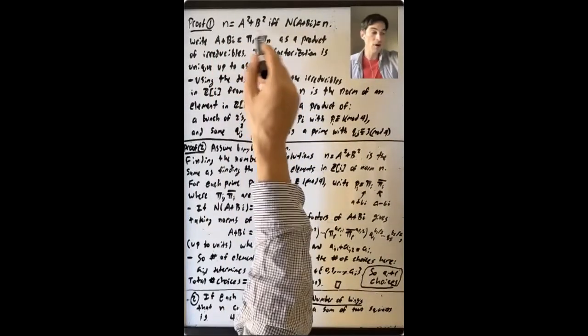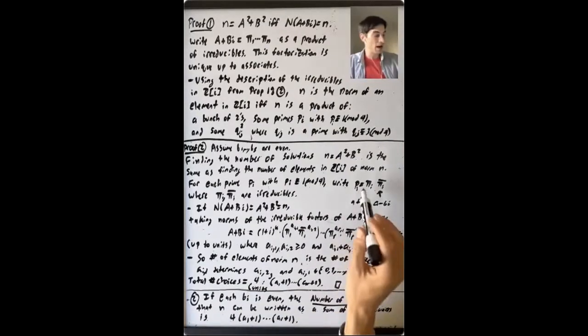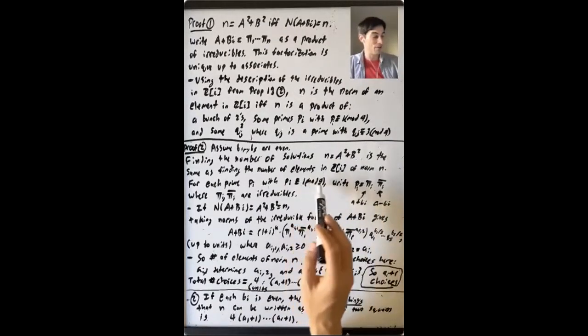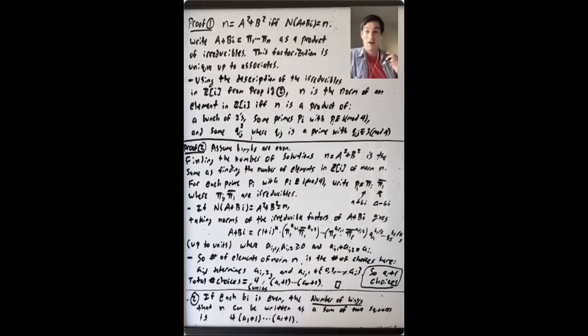But we know what irreducibles could occur on this right-hand side, and we know what their norms are. There's one irreducible of norm 2, for each prime p_i congruent to 1 mod 4 there are these two irreducibles of norm p_i, and then there's one irreducible of norm q squared for any prime q congruent to 3 mod 4, that is q itself.